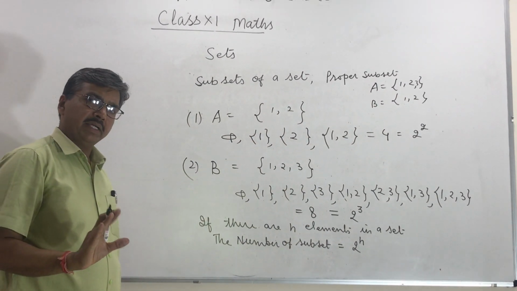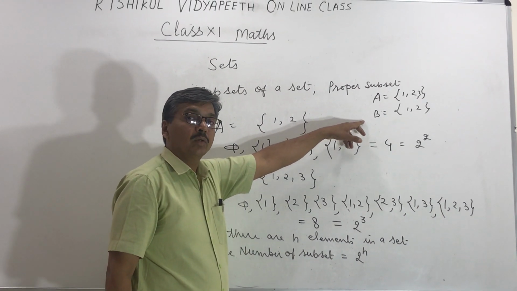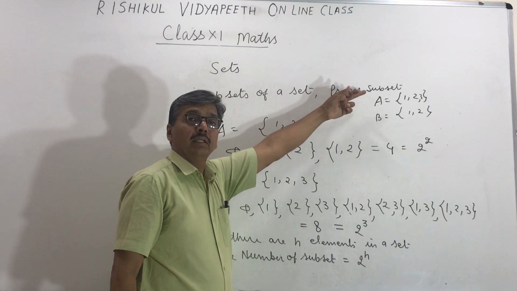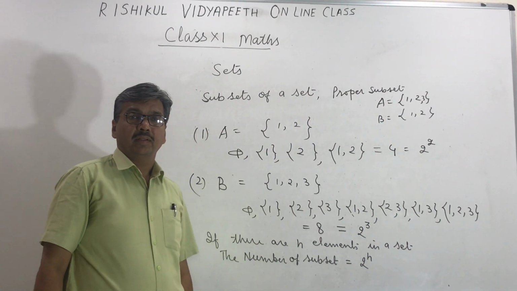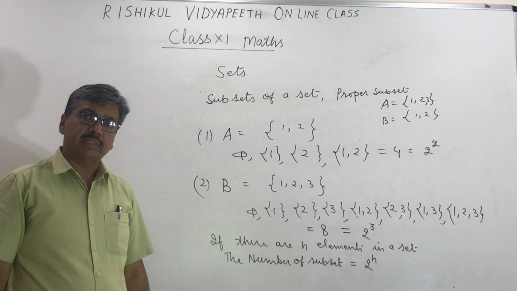The number of elements in B is not equal to the number of elements in A. Such types of subsets are known as proper subsets.